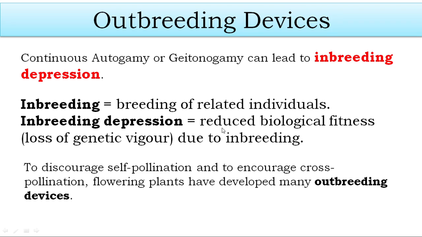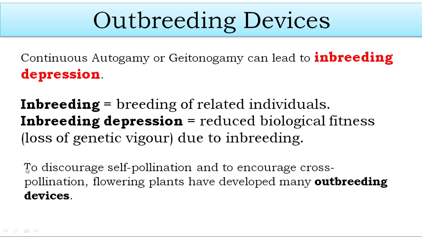We can observe a reduced biological fitness among individuals who carry out inbreeding for a prolonged period of time. So this is not good. Continuous autogamy and geitonogamy lead to inbreeding depression, which is not a good thing.